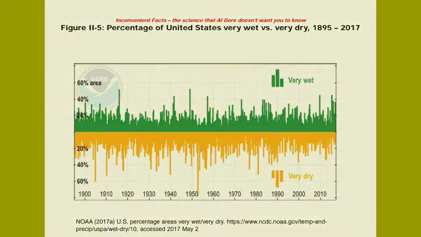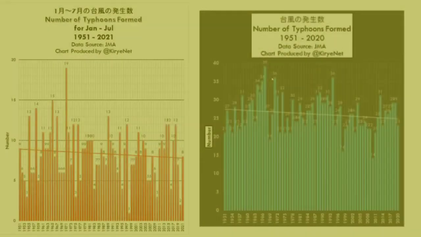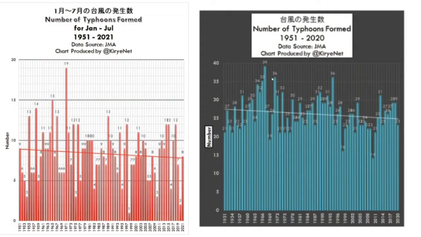The percentage of the globe in drought, tracking downwards. Interesting. And here as well, I just came across this the other day: the number of typhoons formed in Japan over time. You're going to see the numbers down the bottom tell you what the range has been. Again, tracking downwards.